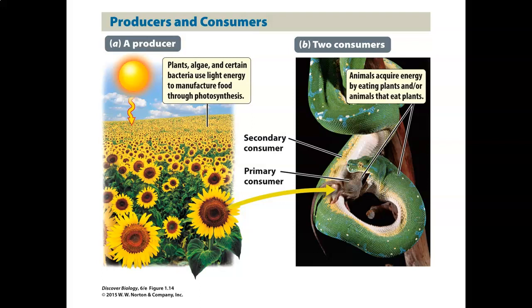The photosynthesizers are special because they're converting solar energy into glucose, which is a carbohydrate. It's a form of chemical energy. And then when organisms eat the plants or eat each other, they're getting energy along the way.